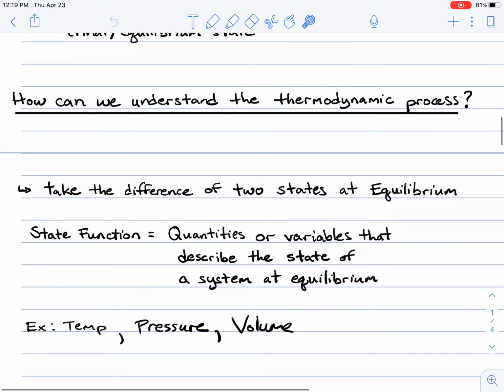And so, for example, for temperature, if the initial temperature was 25 degrees Celsius, and the final temperature is 35 degrees Celsius, there's numerous paths that can occur to go from 25 to 35.